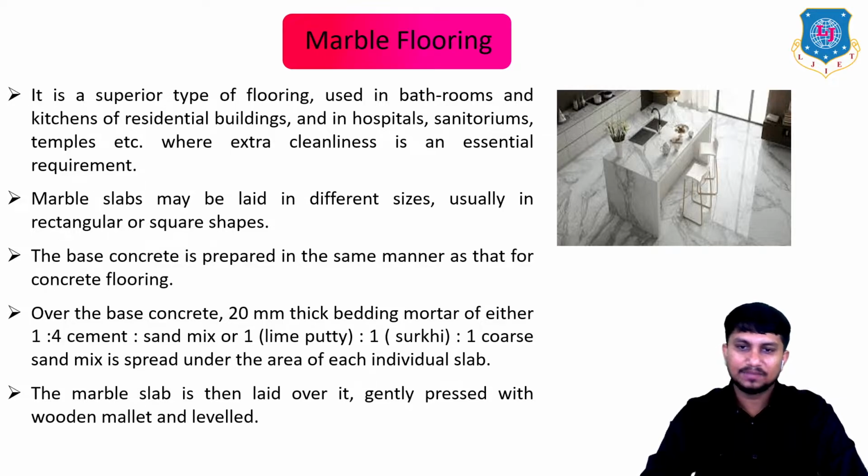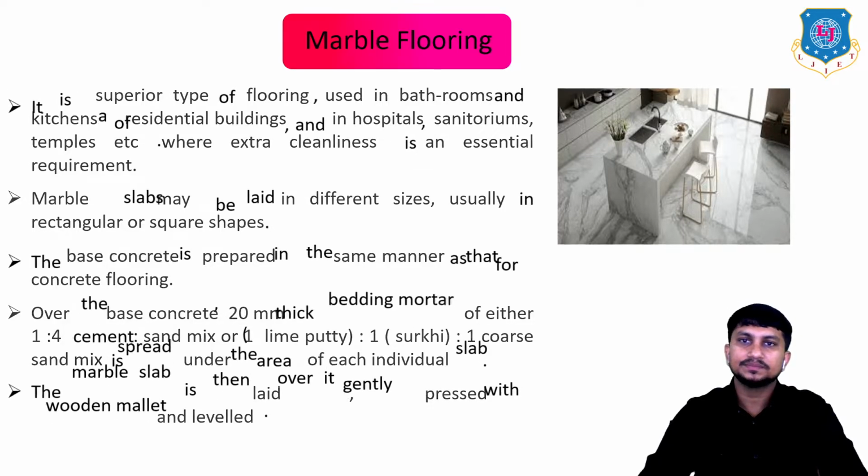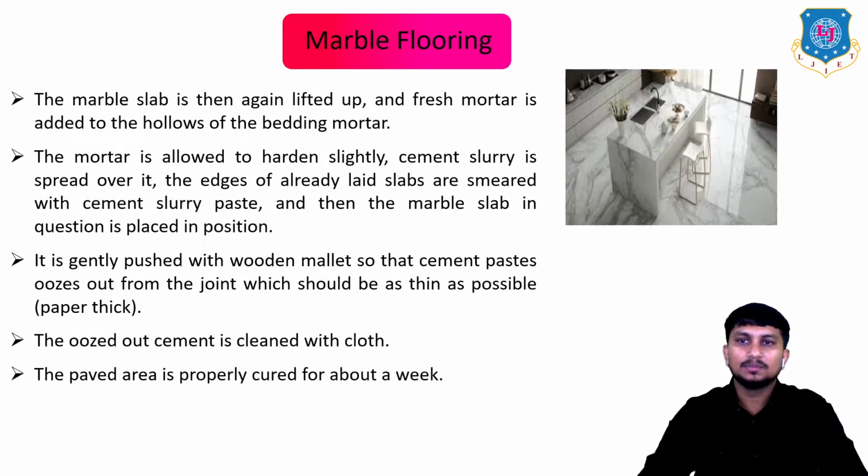Okay, the marble slab is then laid over it, gently placed with wooden mallet and then leveled. The marble slab is then again lifted up and fresh mortar is added to the hollows of the bedding mortar. Okay, the mortar is allowed to harden slightly. Cement slurry is spread over it.